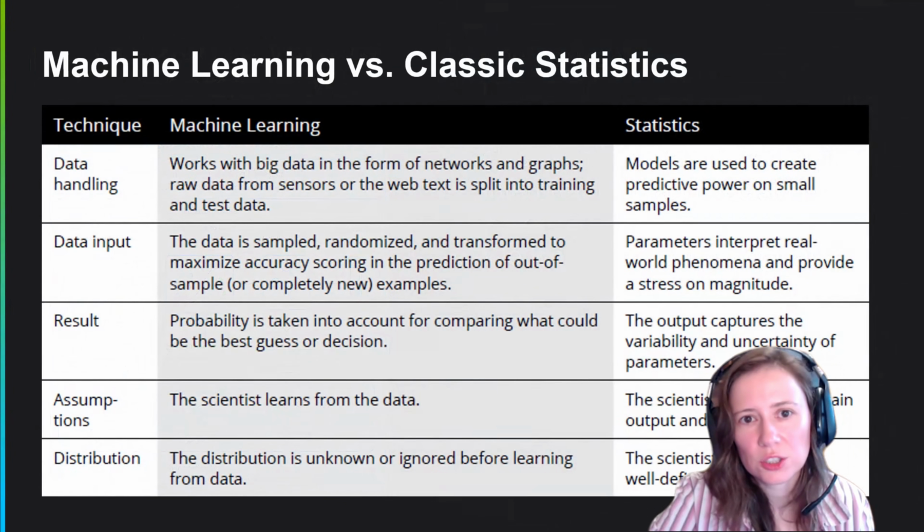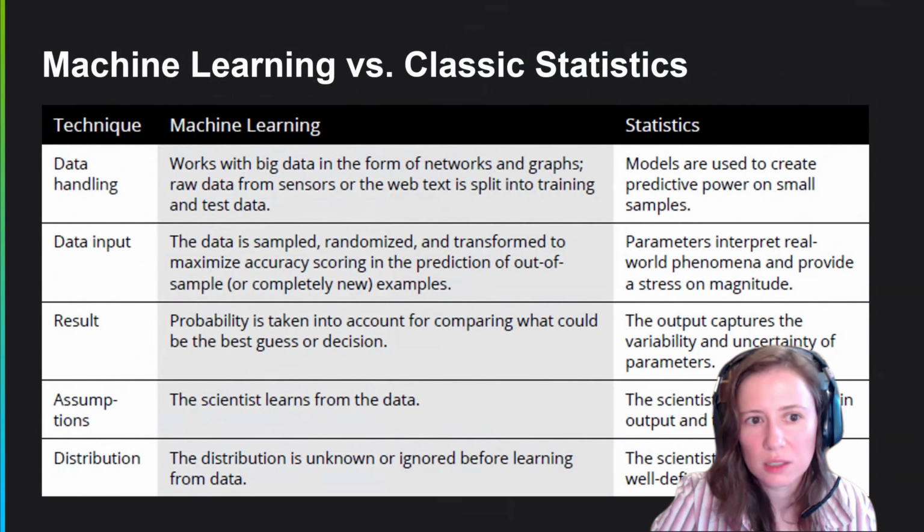Machine learning and traditional statistics can also be a little bit difficult sometimes to distinguish between each other. So I just wanted to highlight a few key differences between these methods. In terms of data handling, for example, in machine learning, we usually work with big data, hundreds or thousands or hundreds of thousands of samples.